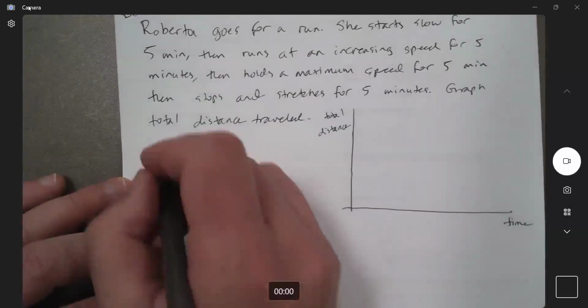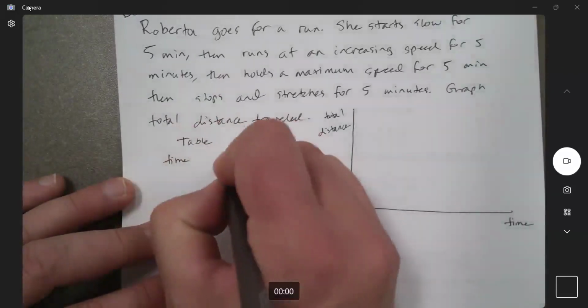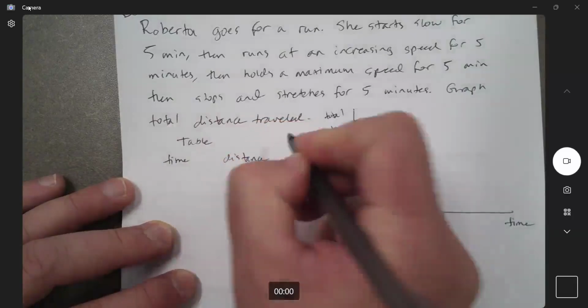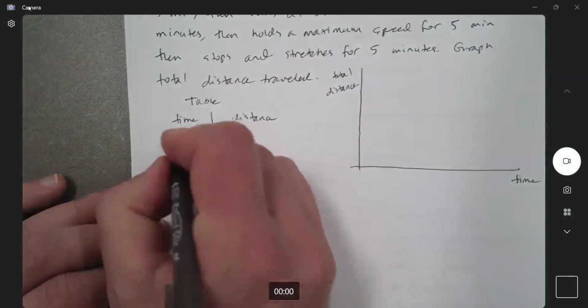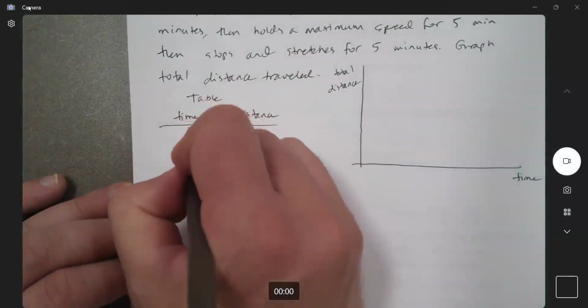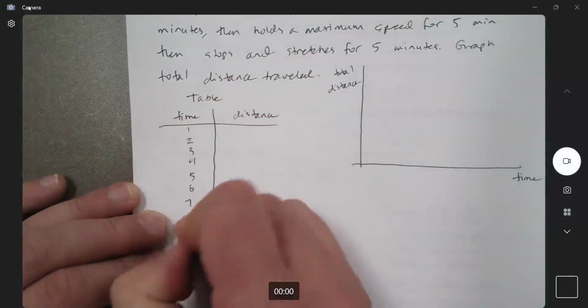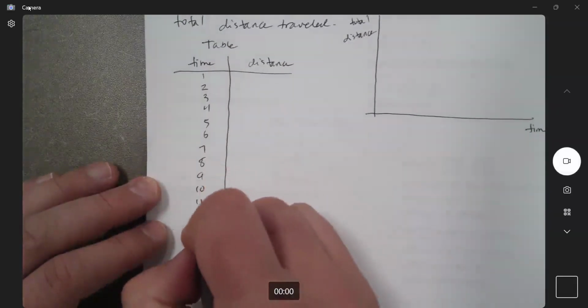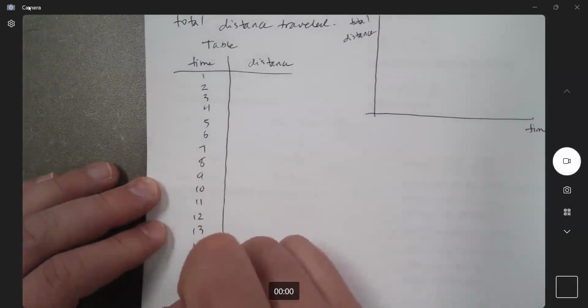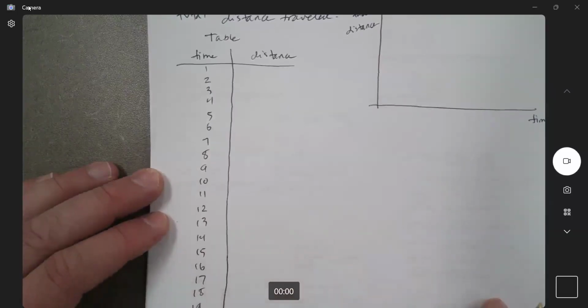So let's use a table, and we have time here and distance here. And let's count. We might not always want this amount of detail, but we could do all 20 minutes. I know you can't see that last little bit, but that's okay. There we go.